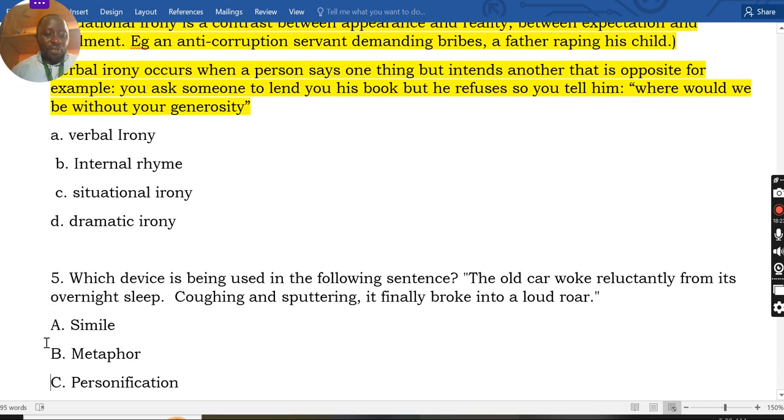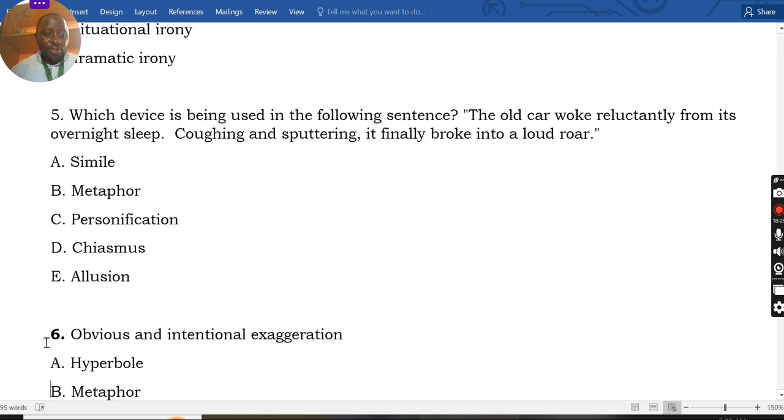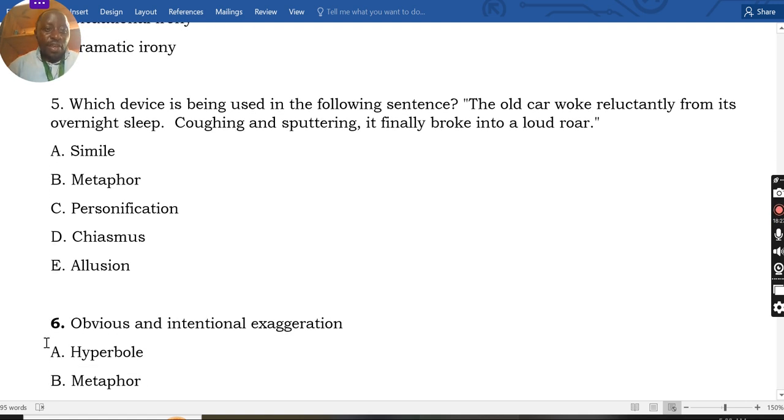Okay, let's move up to number 5. Dear student, I hope you are following well. Number 5 says, which device is being used in the following sentence? The sentence says, the old car woke reluctantly from its overnight sleep, coughing, sputtering.